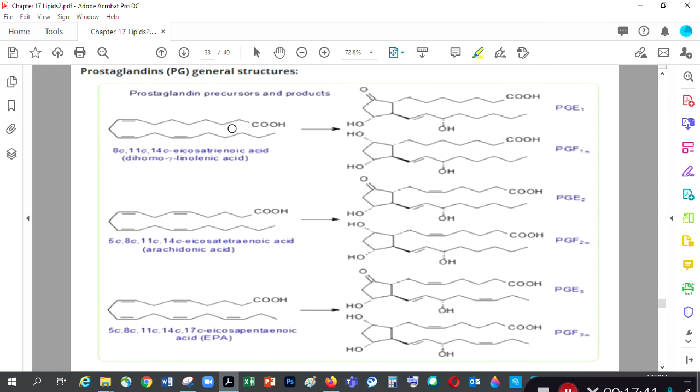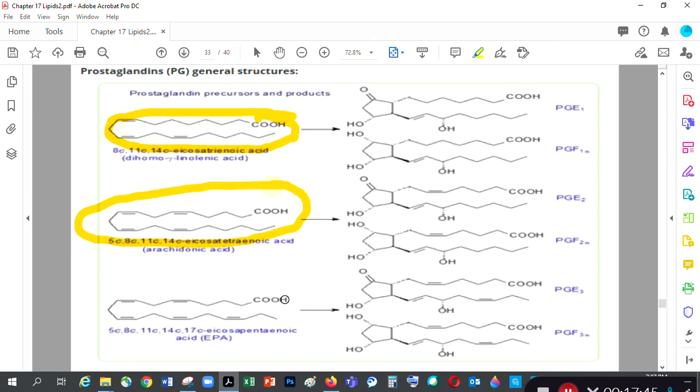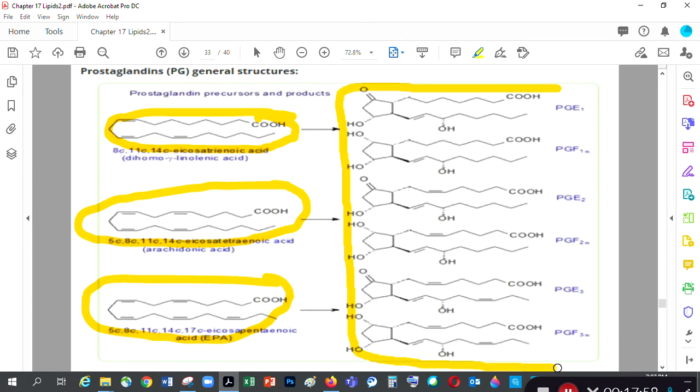The essential fatty acids are all the fatty acids we discussed before, correct? Those can be used as a precursor to produce all these types of prostaglandins, correct? Prostaglandin structure.